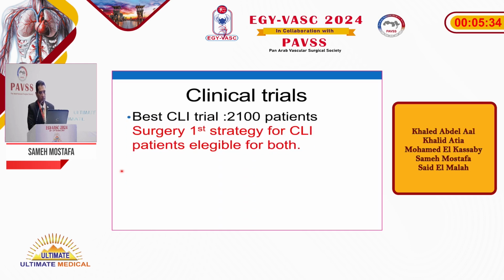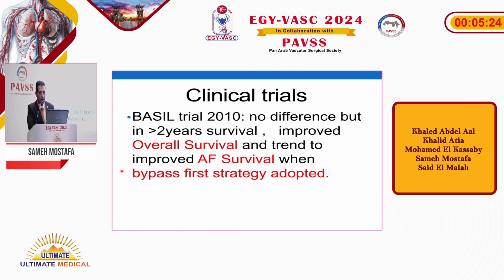Reviewing the literature, we have three big trials. The BEST-CLI trial recommended a bypass first strategy when the patient is eligible for both. The BASIL trial in 2010 recommended a bypass first strategy when you have life expectancy of more than 2 years.